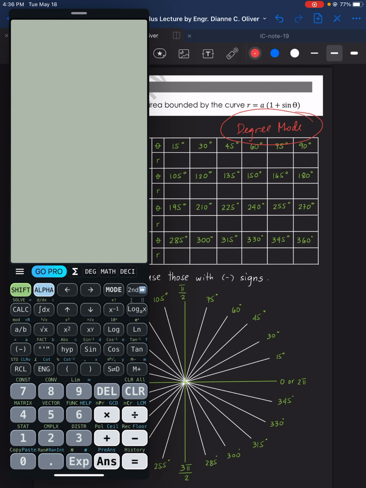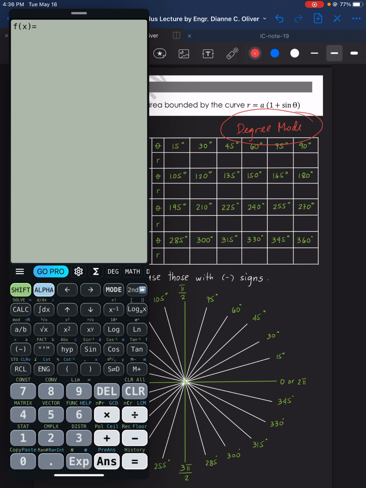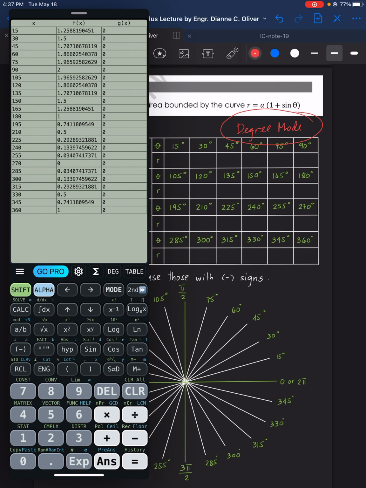We should go to the table first. Table, then the function 1 plus sine alpha x, with start 15 and end 360, step 15. So that's the table.